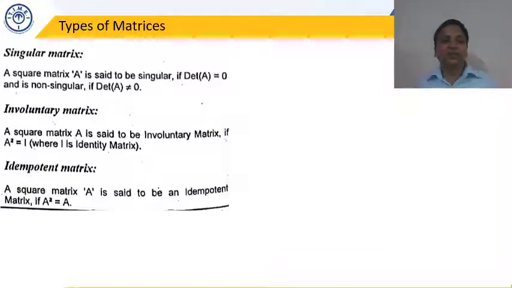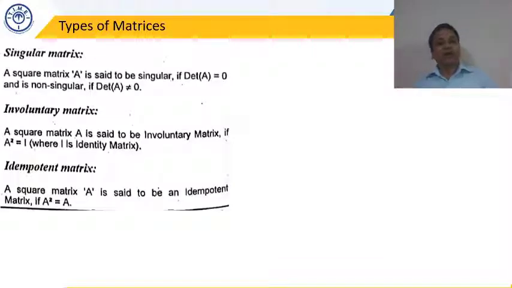We're using this further. So singular if the determinant is 0, non-singular if the determinant of the matrix is not equal to 0. Involutory matrix. A square matrix, an n by n matrix, is said to be an involutory matrix if A square, meaning A multiplied by A, gives the identity matrix, where I is the identity matrix.